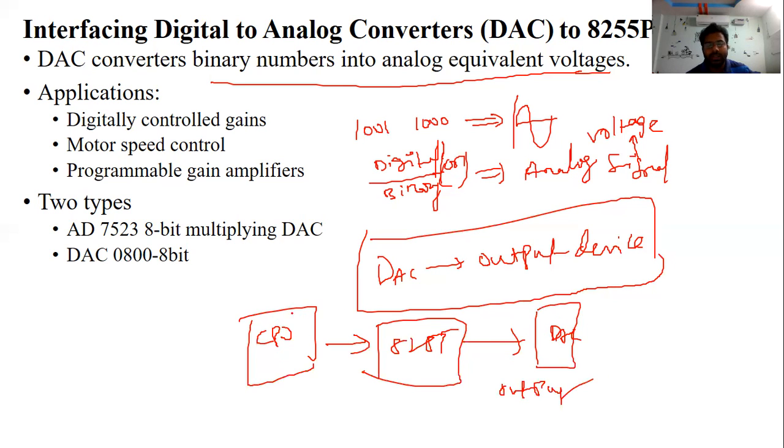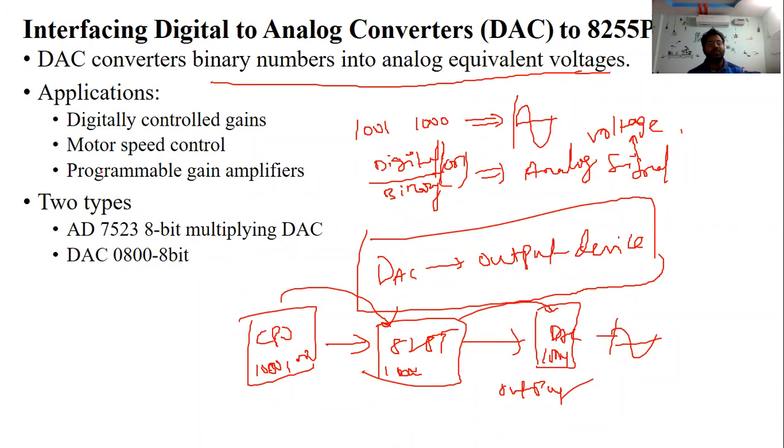Nothing but whatever digital data is stored here, we are moving into the 8255 PPI. This 8255 sends this digital data to this DAC. This DAC converts this digital, binary data to some analog signals. So this is the process.